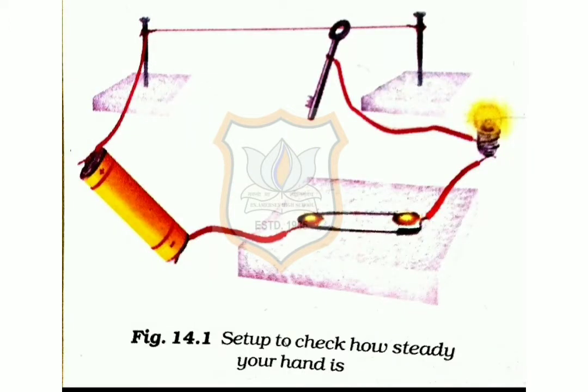Students, you might have tried the game How Steady Is Your Hand, suggested in chapter 12 of class 6. Paheli and Buzo had also set up the game by connecting an electric circuit as suggested in class 6. They had lots of fun trying it out with their families and friends.